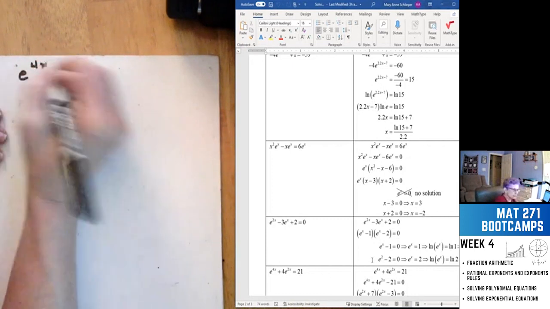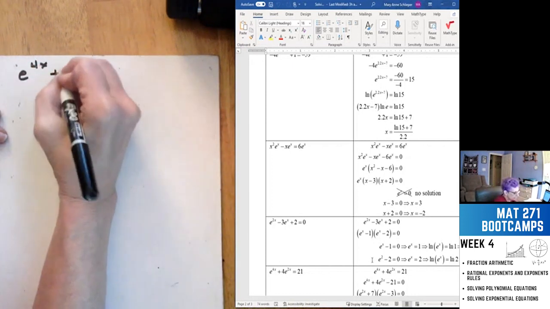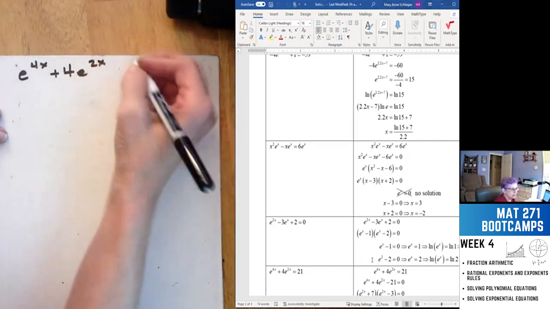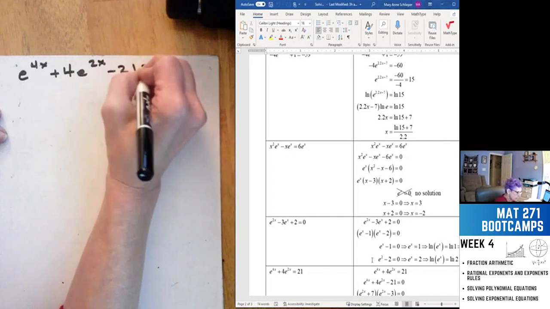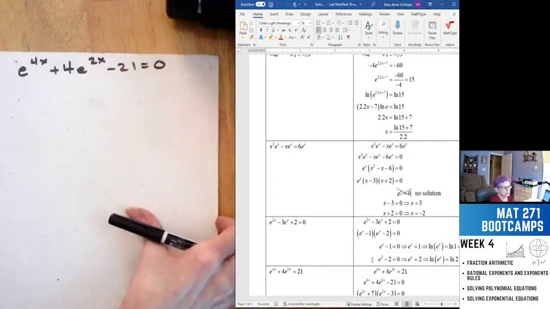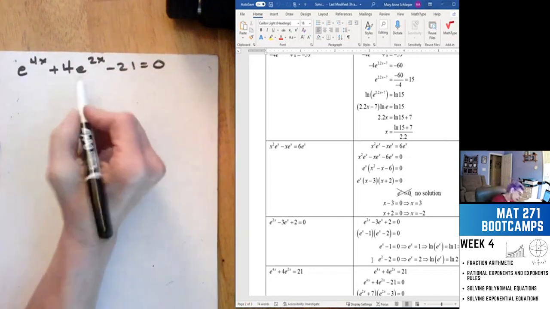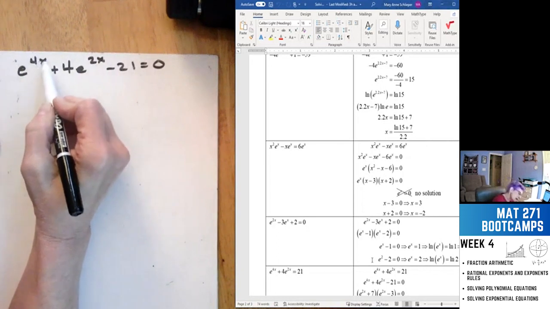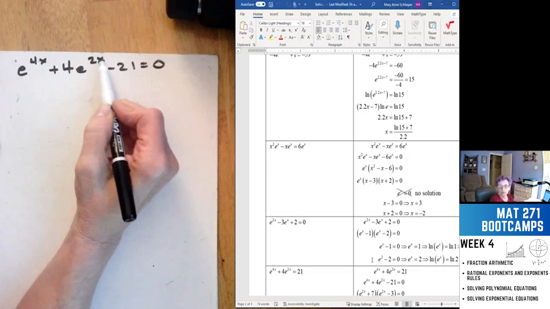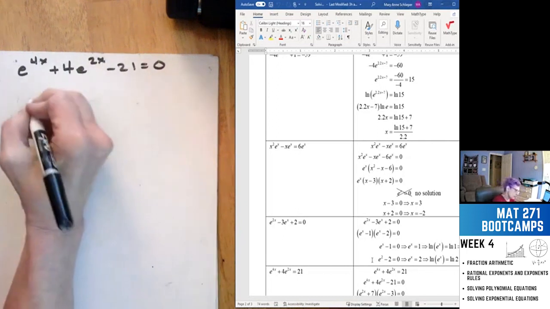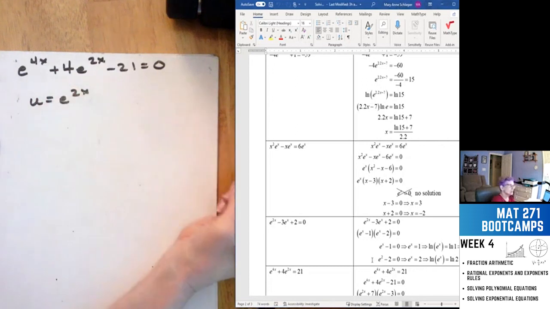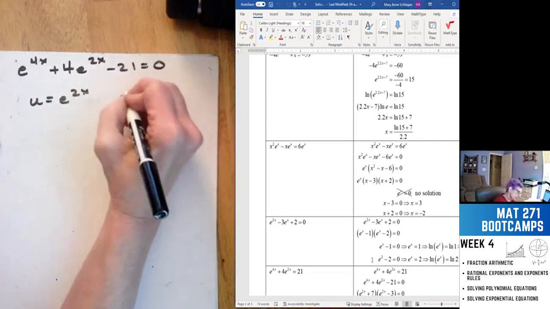e to the 4x, and I'm going to go ahead and write everybody over on one side of the equal mark. So minus 21 is equal to 0. Now I see that this is 2 times this exponent here. So I'm going to let u be equal to e to the 2x.